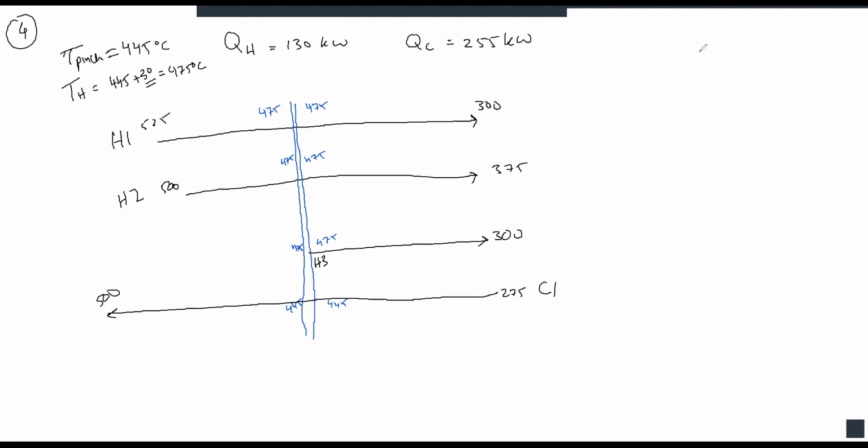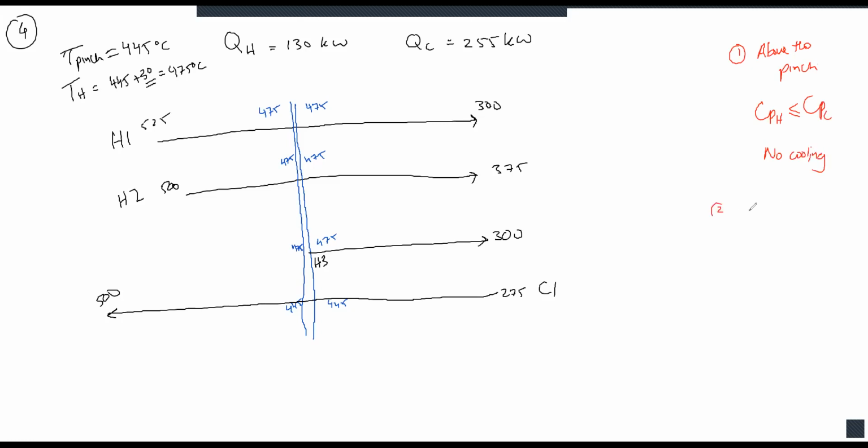And let's write the rules again. So we said above the pinch, CP hot has to be less than CP cold, and there is no cooling.